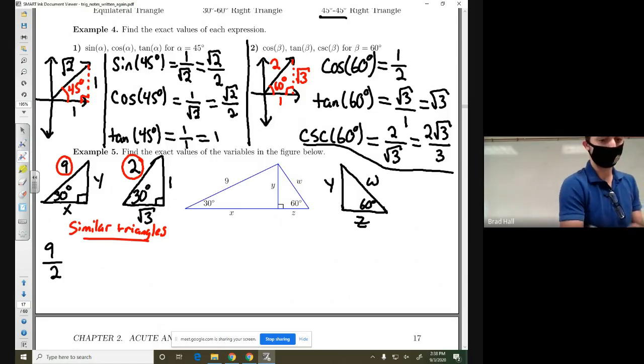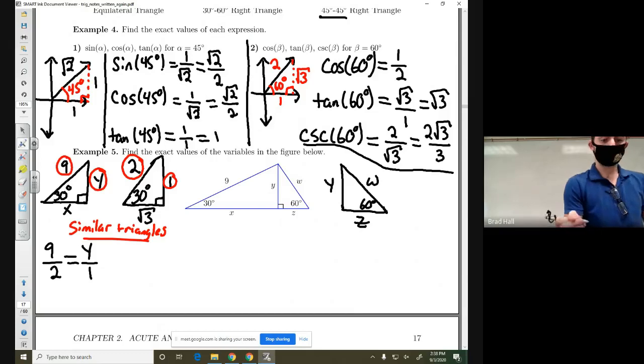So let's do the easy one first. Y and 1. So that ratio. And the reason why that's the easier one is y divided by 1 is just y. We don't even have to cross multiply. That's it.